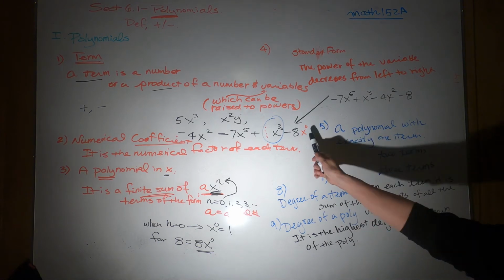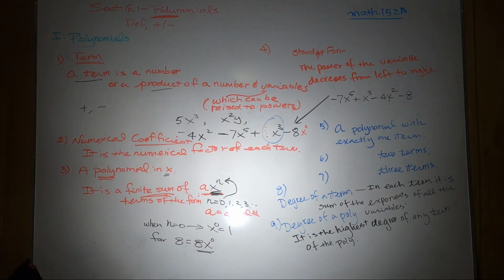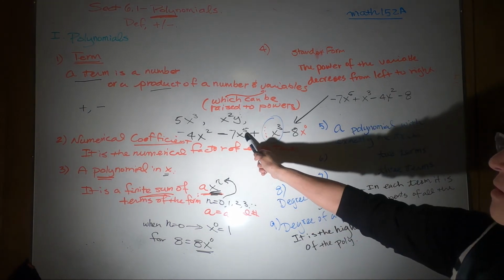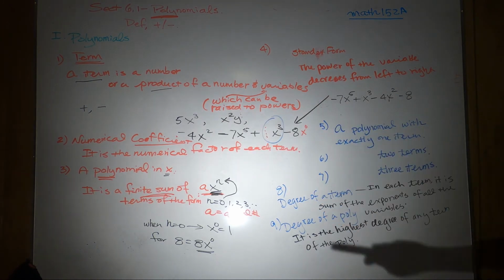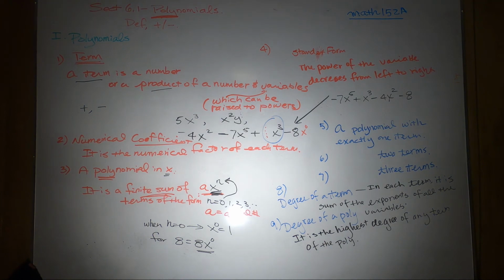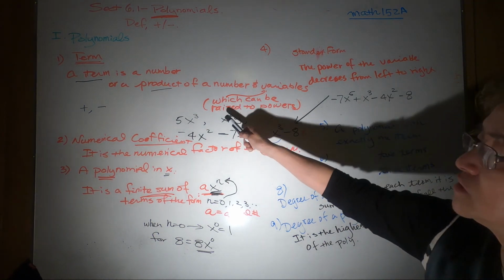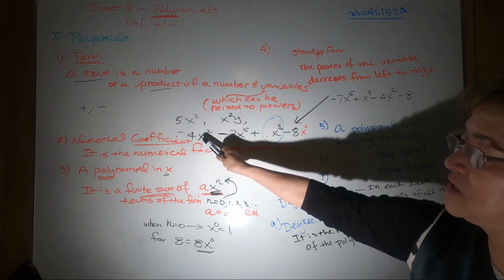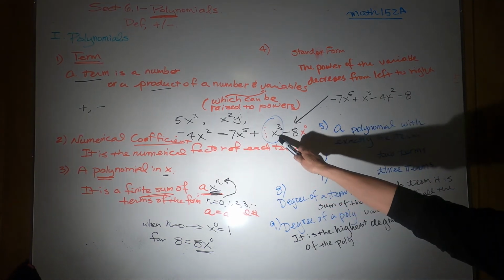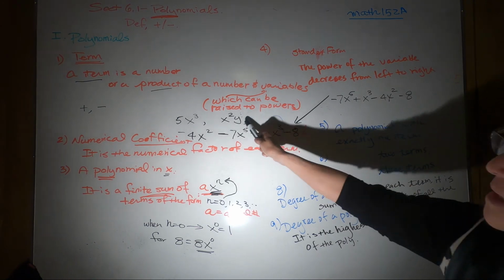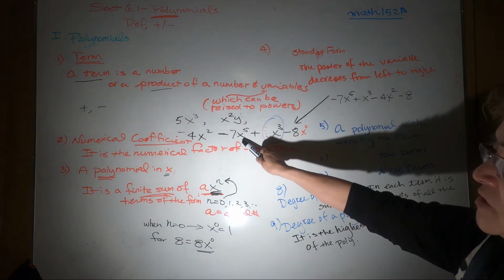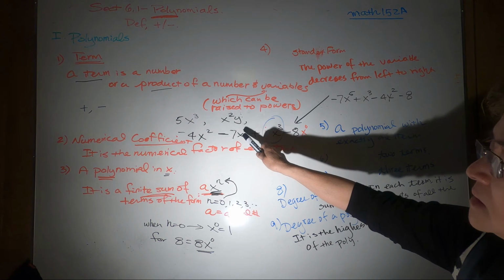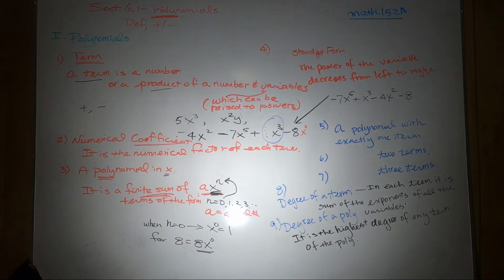So for this one, the highest power is 5. Then we will call this one a 5th degree polynomial. It's different from individual terms. Individual terms are 2nd degree, 5th degree, 3rd degree, 0 degree. But among all of them, for a poly, you choose the highest degree. That would be the degree of the polynomial.